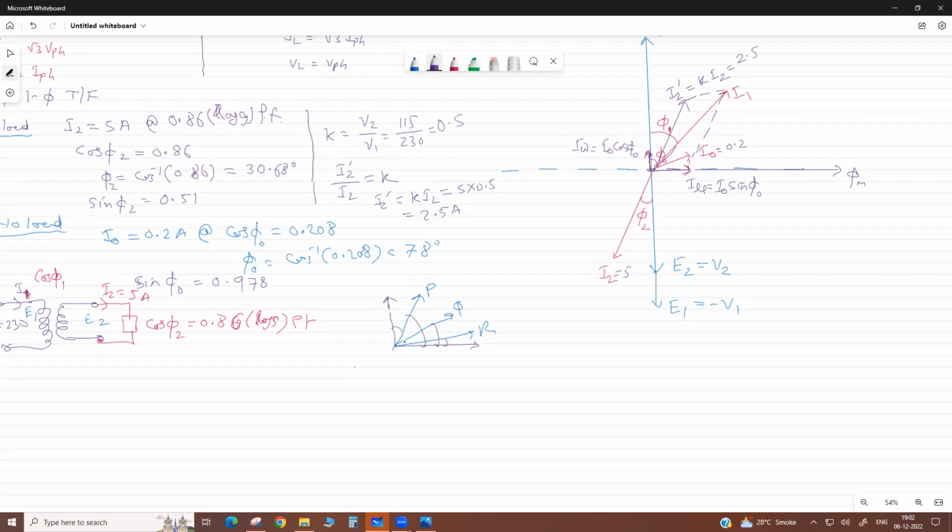Got it? So this is the total vertical and horizontal component. After getting the total vertical and total horizontal components, we can easily calculate by Pythagoras theorem. This will be your resultant.